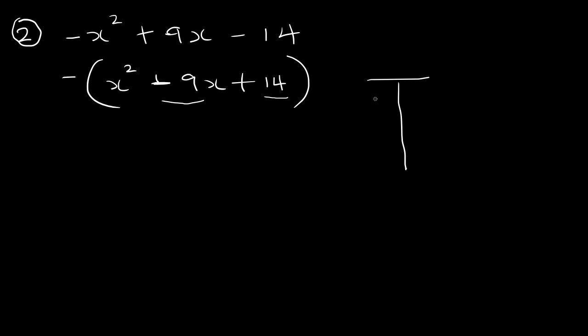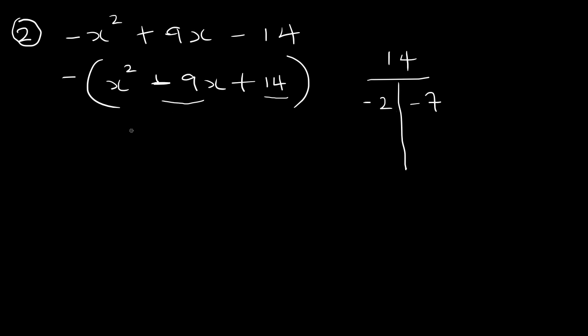So what are those two numbers? Without wasting time, we have minus 2 and minus 7 to give us positive 14. So minus 2 times minus 7 is positive 14, and if we sum them, minus 2 minus 7, that will be minus 9.